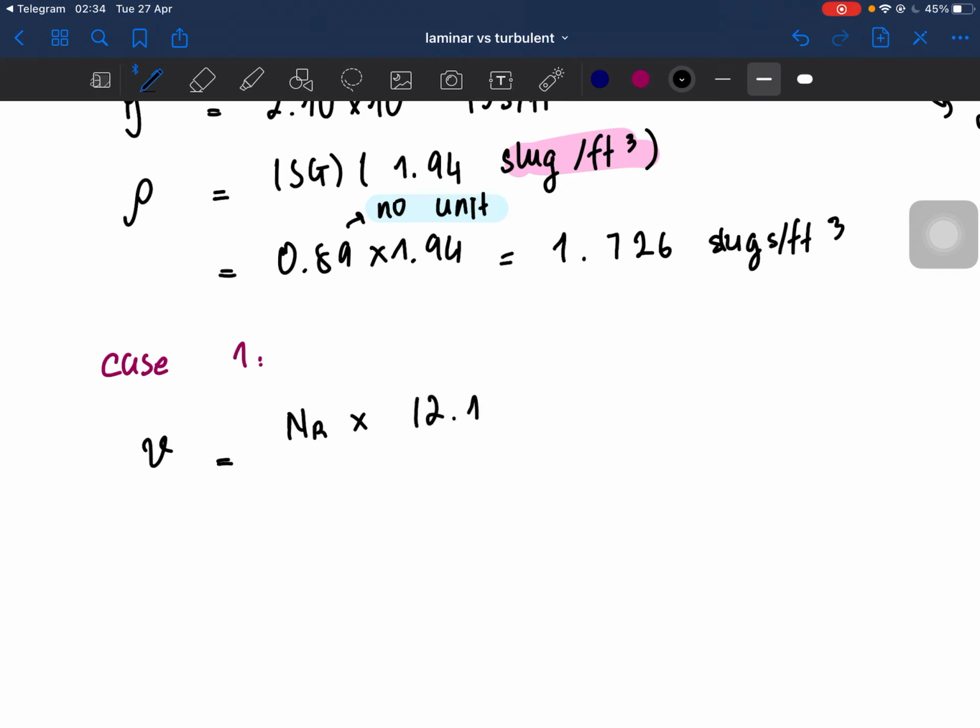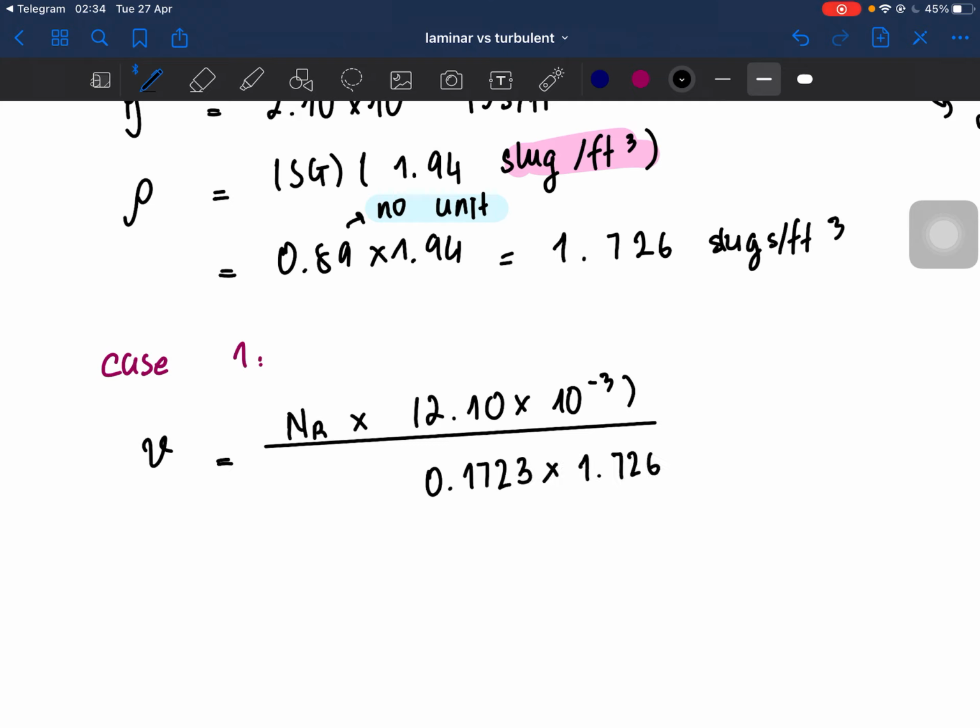So 2.10 times 10 to the minus 3 over 0.1723 times 1.26.